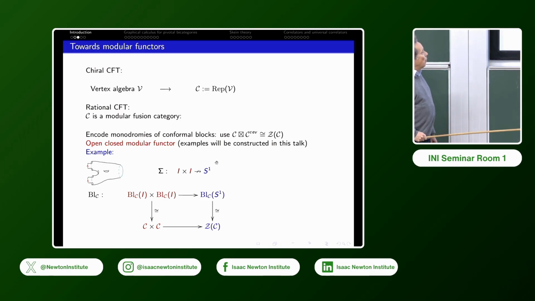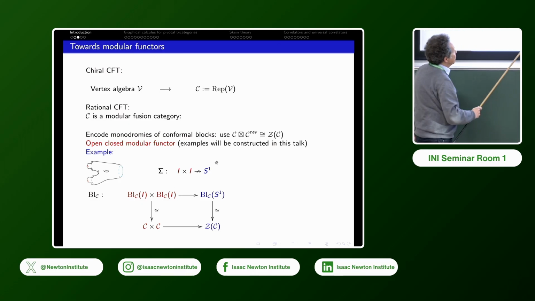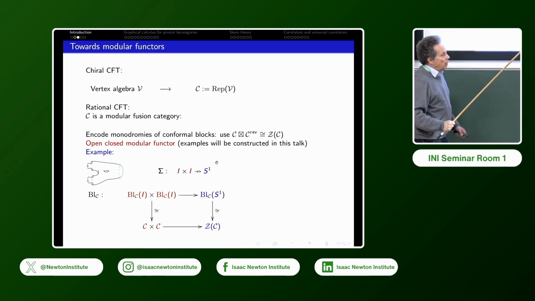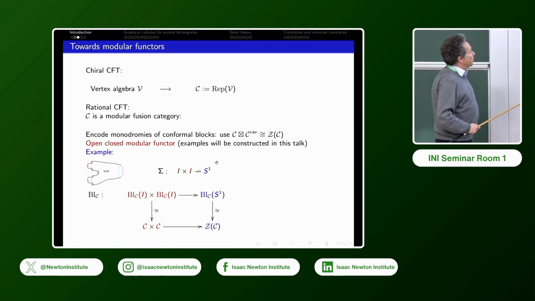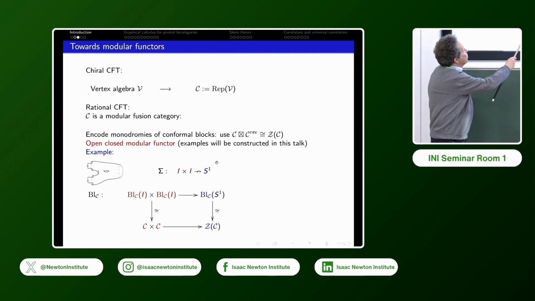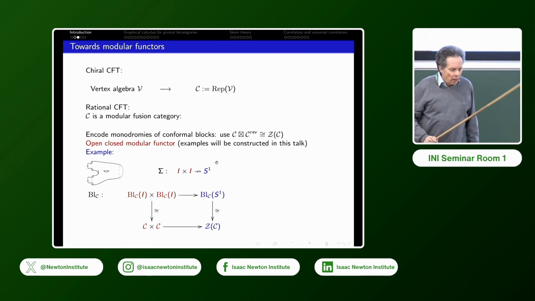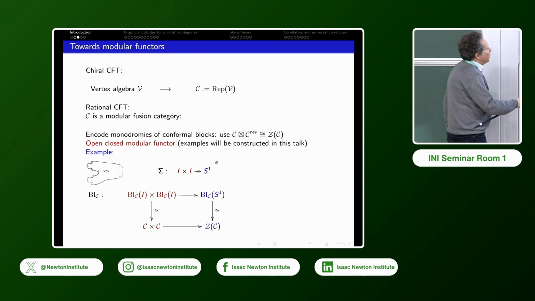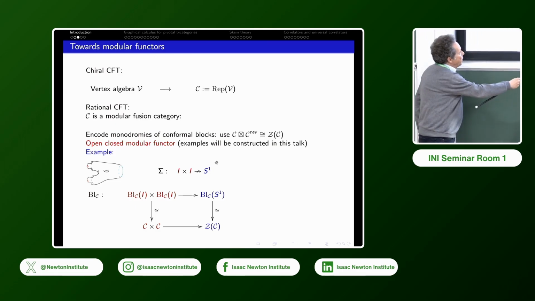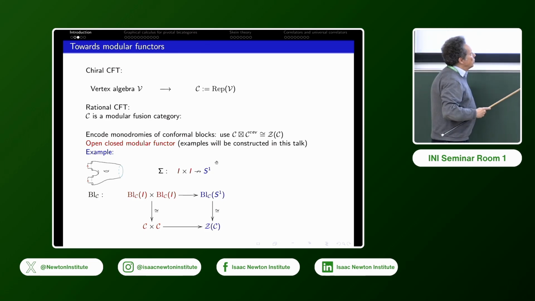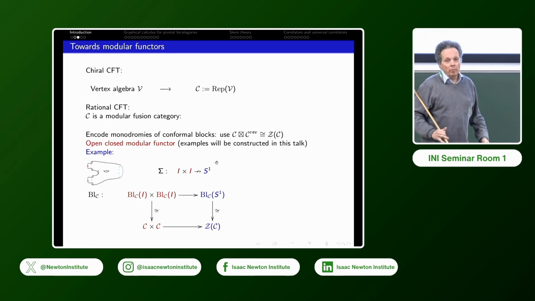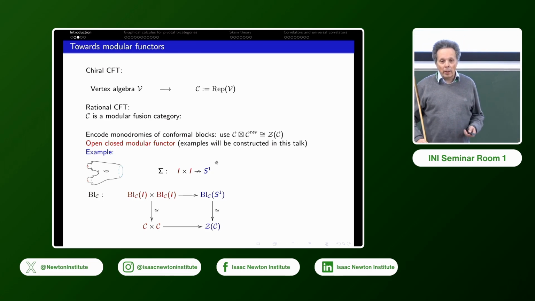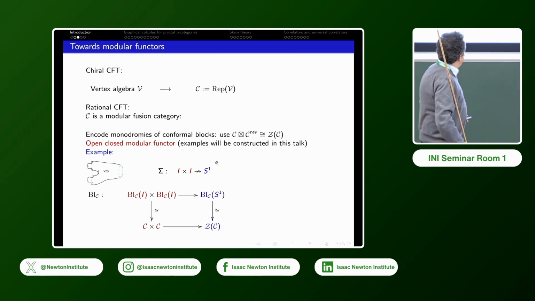And to this our modular functor should assign categories, and well, in the case of an interval, it is known what we should assign. Suppose we start from some, and I'm saying here modular fusion category, it could be quite a bit more general. You should assign here the category C itself, and to S1 you should assign a category, the Drinfeld center, which is also the natural cylinder category.